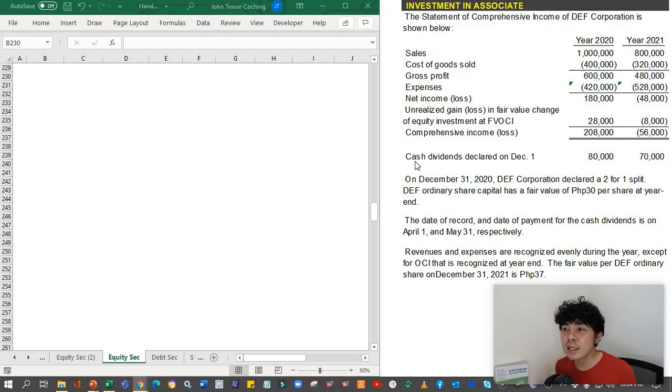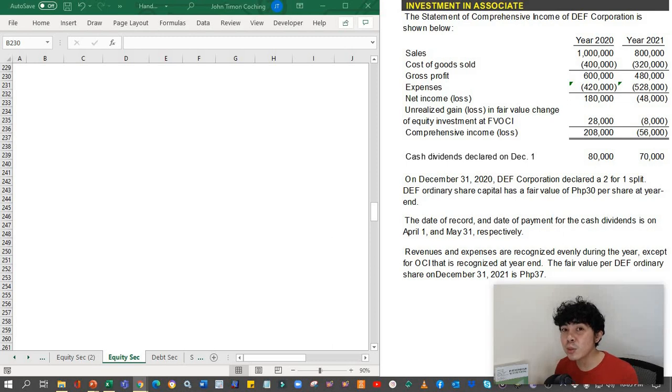Kung babasahin natin, meron ditong cash dividends na dineclare pero December 1. Ibig sabihin, hindi ito during the January to April 1 period. So, yung dividend, walang effect sa ating computation, kasi nga yung declaration is on December 1. Hindi mo papansin yung date of record and date of payment when identifying if there is an effect on equity.